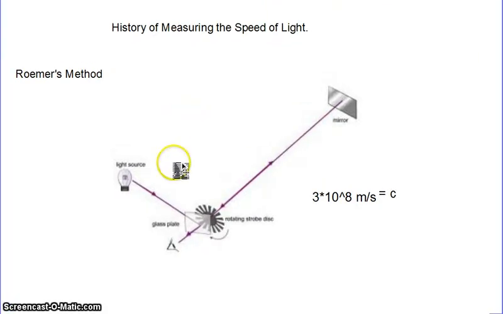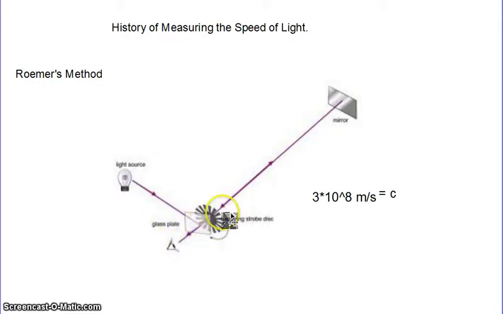The way the speed of light is measured, if you take a light source and that light source hits a pane of glass, it will reflect off the pane of glass through this rotating strobe disc, bounce off a mirror, and come back. When you have the rotating strobe disc going at just the right speed, every time the light bounces and comes back, it will make like a continuous beam to the observer.